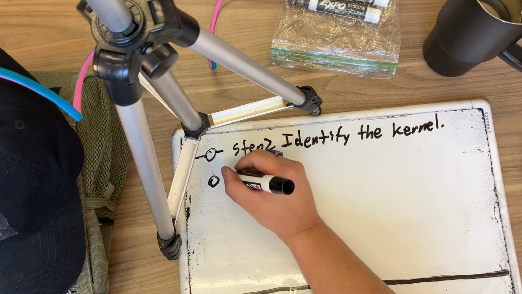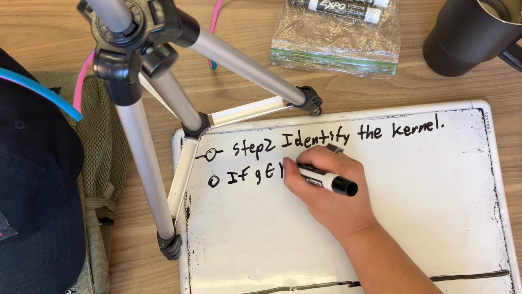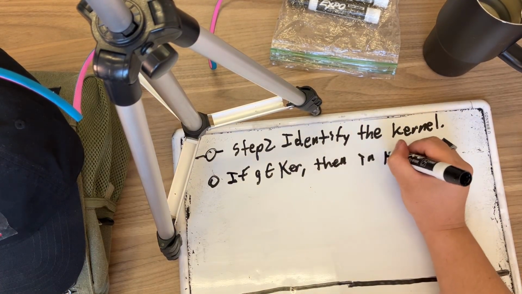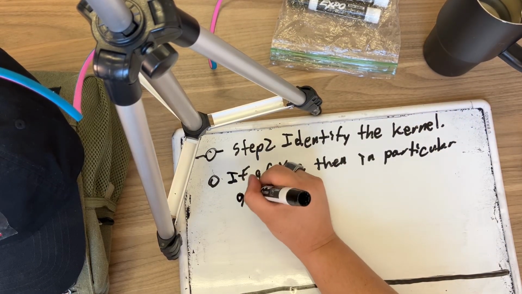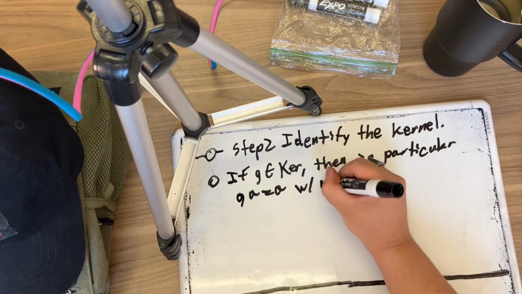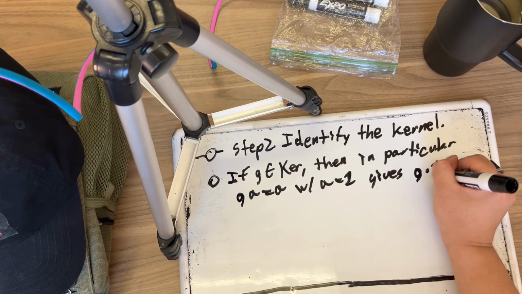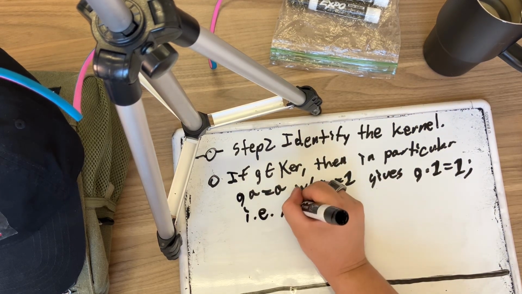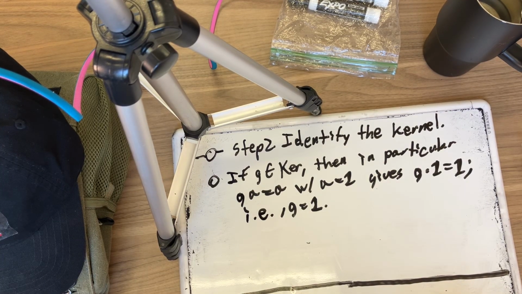So in this case, if g happens to be an element of the kernel, then in particular, ga is equal to a, with a being equal to 1, gives g dot 1 is equal to 1. That is, g is equal to 1. Right? That follows directly from what we established earlier.